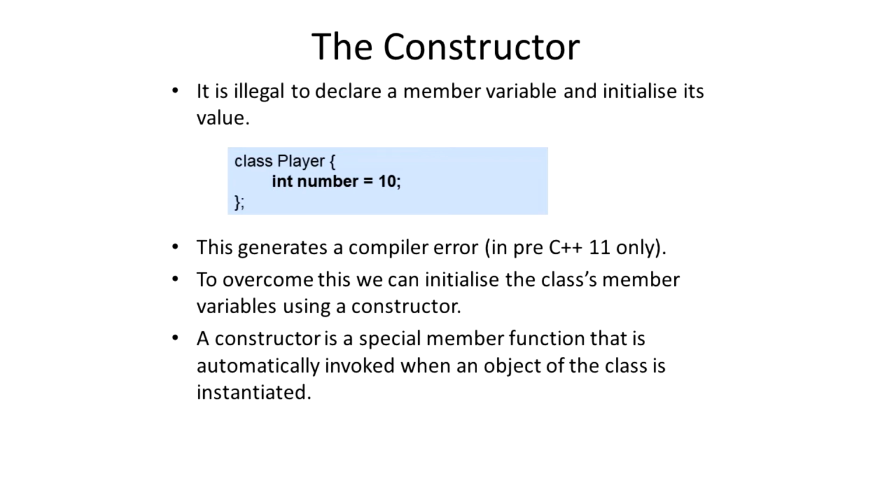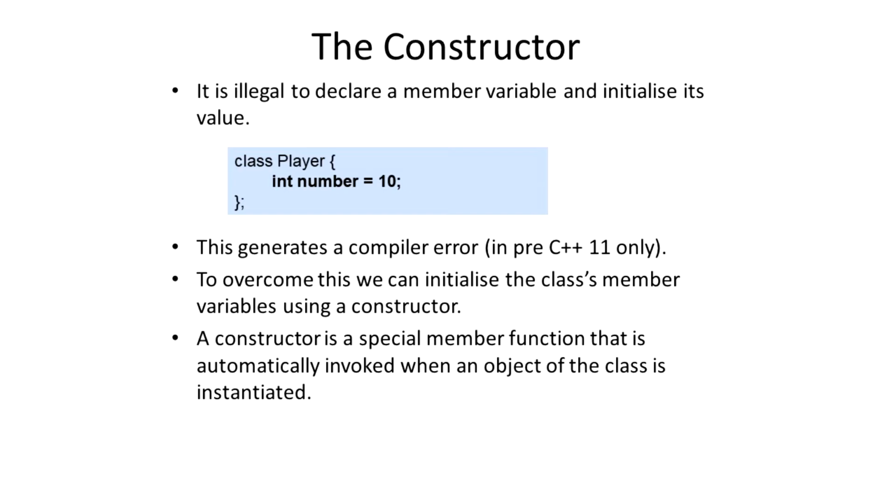It used to be the case that we couldn't initialize data members within the class declaration itself. Prior to C++ 2011, we weren't able to do this. I think at the time of recording, the latest version is C++ 17, and in that version, it is actually now possible to initialize data members.